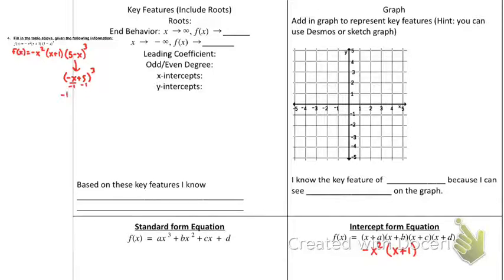So this is negative 1, and it switches the sign. So now it's positive x, but this turns into negative 5 to the third. Okay? So when we write this here, we have negative 1 and x minus 5 to the third.